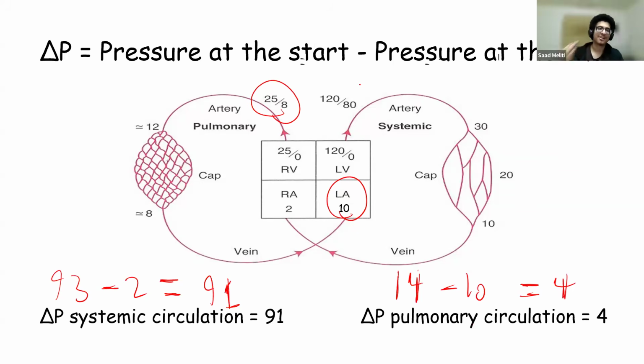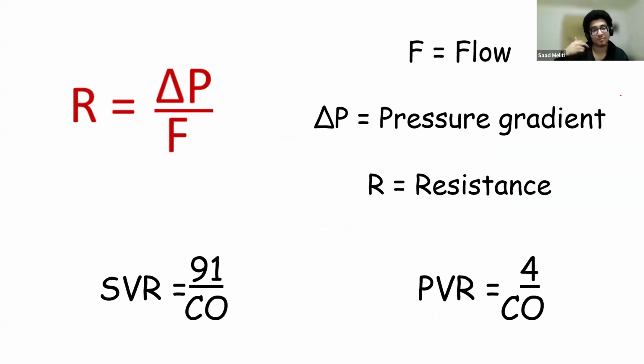So now that we've calculated the pressure gradient, we can now plug it into this equation. This equation is giving us resistance. So now we can find out what the resistance to flow is. Resistance is equal to the pressure gradient divided by the flow. Now let's use the pressure gradients we just got from our last slide.